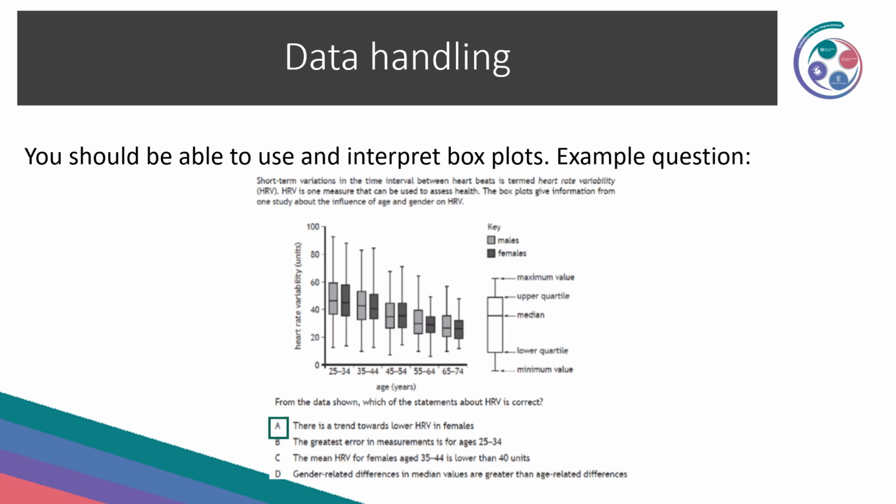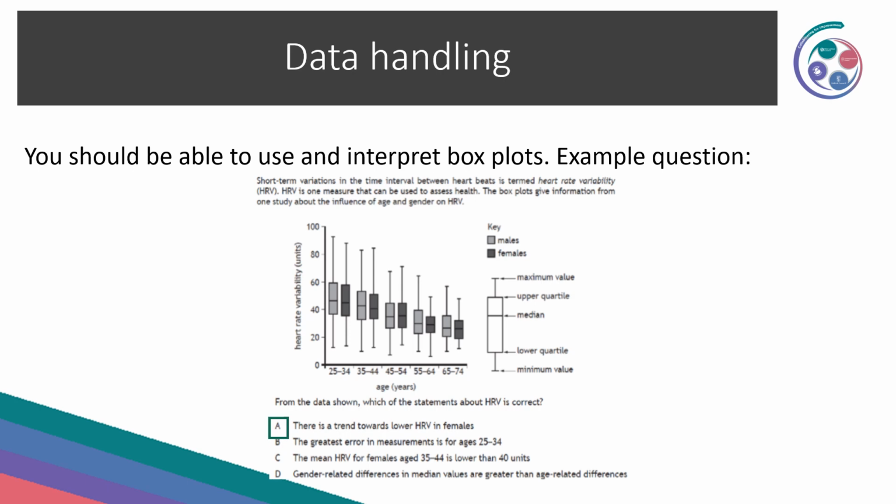We can see that the greatest error in measurements is for ages 25 to 35. Well, no, that's not true, because the measurements don't vary greatly. The mean HRV for females aged 35 to 44 is lower than 40 units. We can see that that one is not true as well.